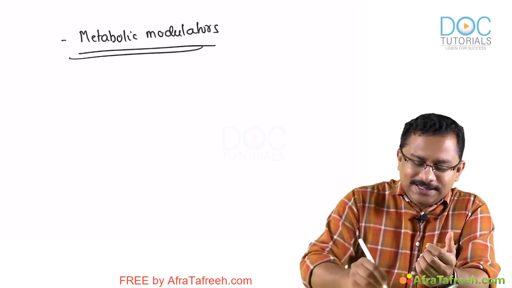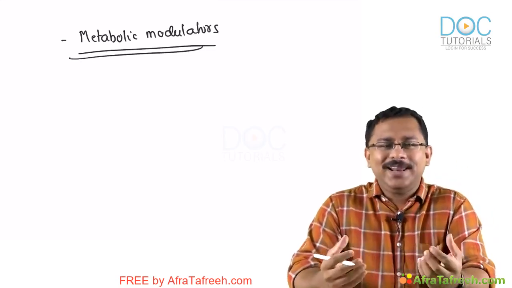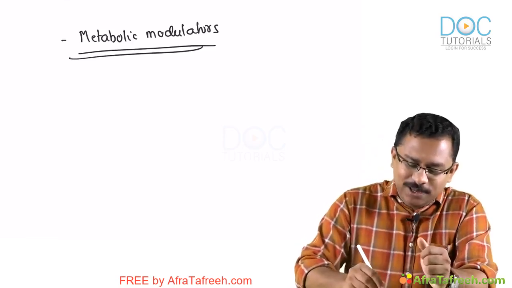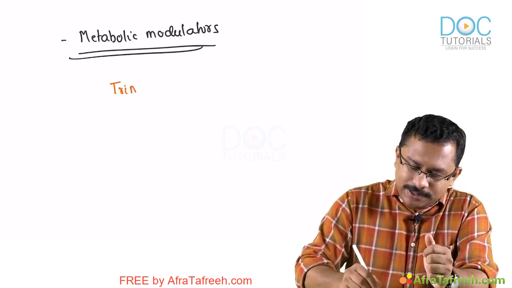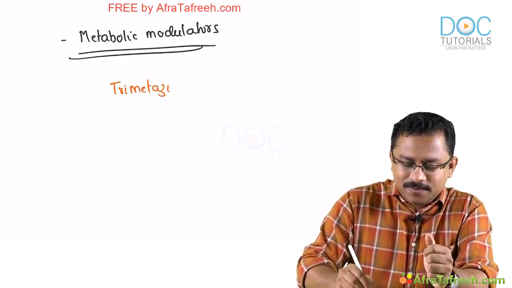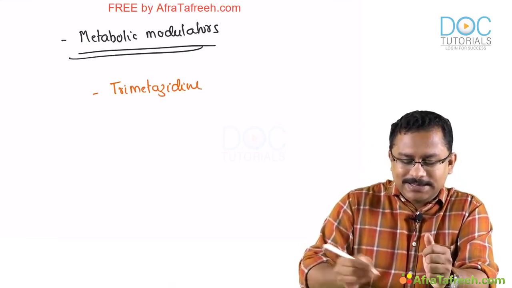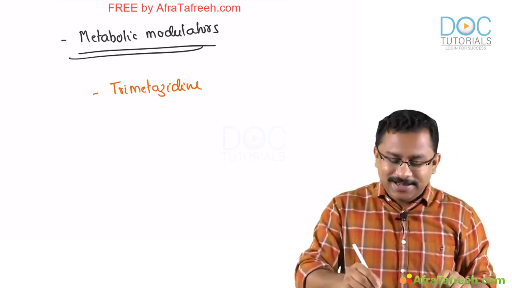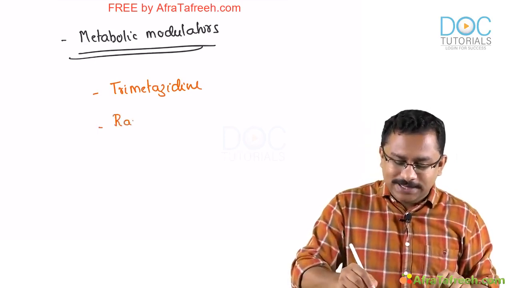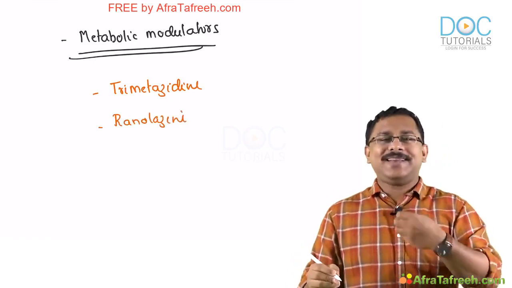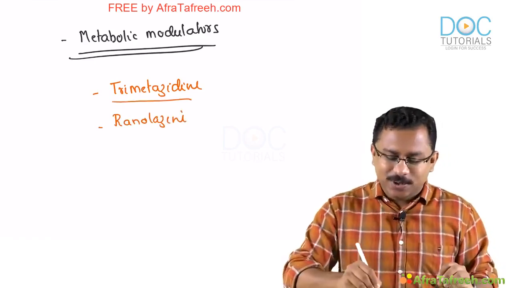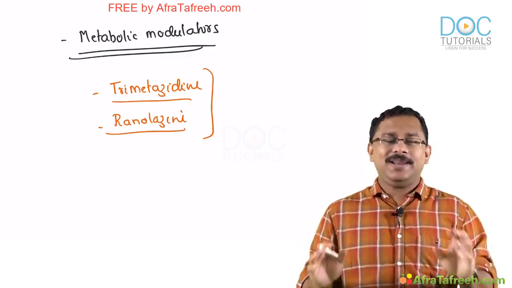Drugs in this group of metabolic modulators: one is going to be trimetazidine, and the second drug is going to be ranolazine. So, you can go for trimetazidine as well as ranolazine, which are metabolic modulators.